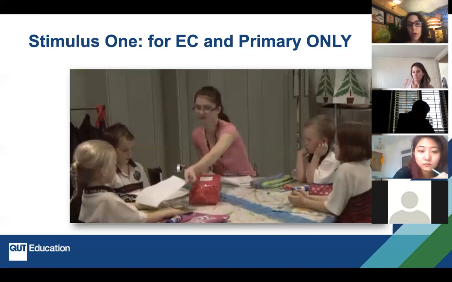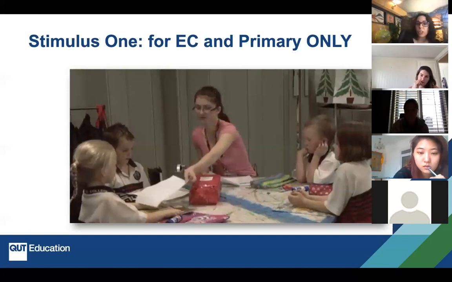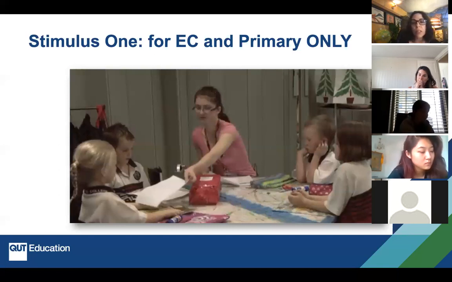Yep, so Molly says her language choices were specific to working with young children, so age appropriate. Very, very good observation, Molly. She gave directions on the go rather than a list of instructions at first. Yep, and she asked students which steps would go first. That's fantastic. So in doing this, she would be looking at the students' prior knowledge, and this is really important.